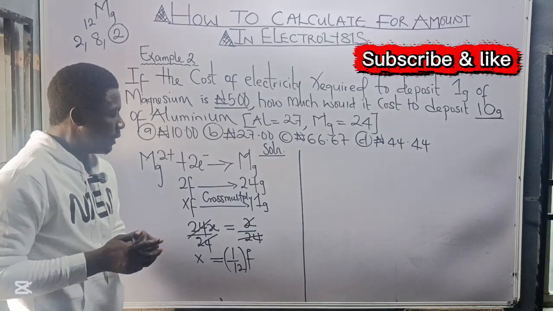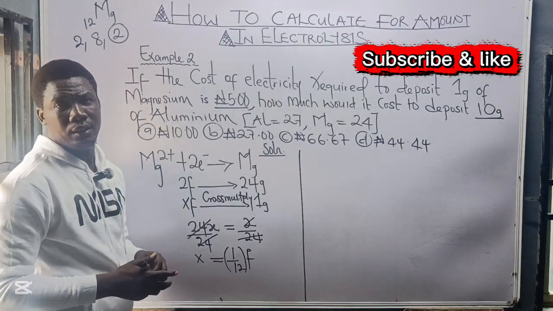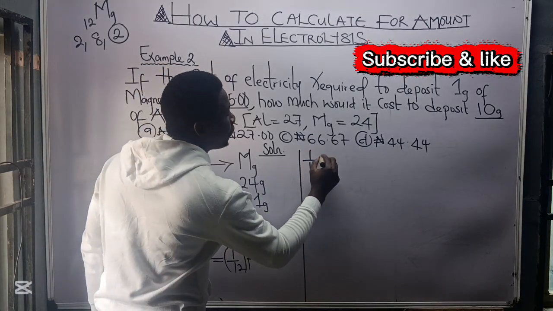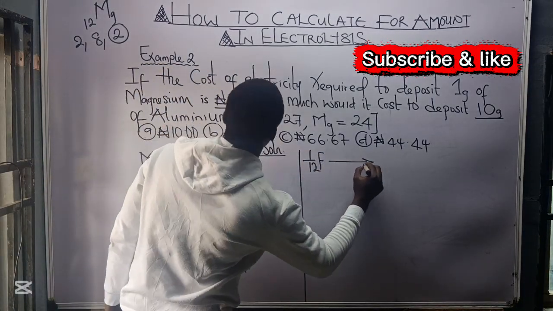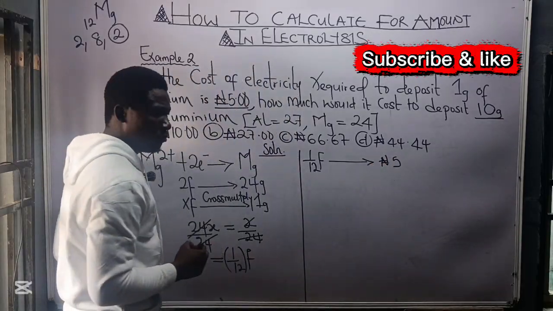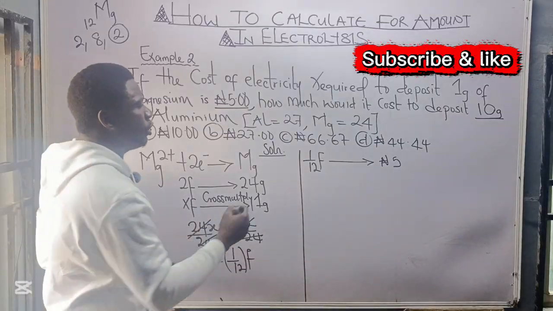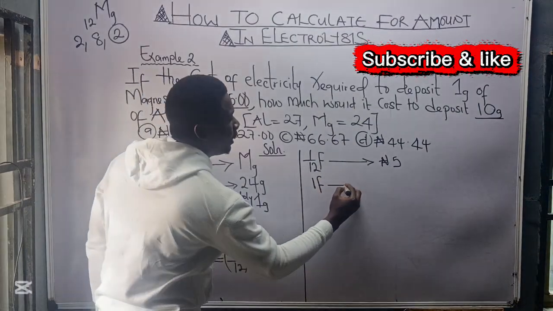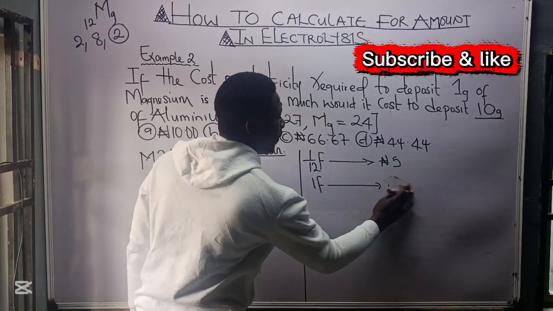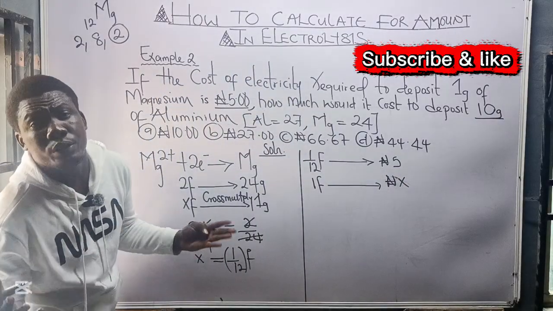Do you understand? And this Faraday is what costs 5 naira. So I will simply say that 1 over 12 Faraday will cost us 5 naira. Then what will be the cost of 1 Faraday? So therefore 1 Faraday will cost us X naira. Then we do the same thing.